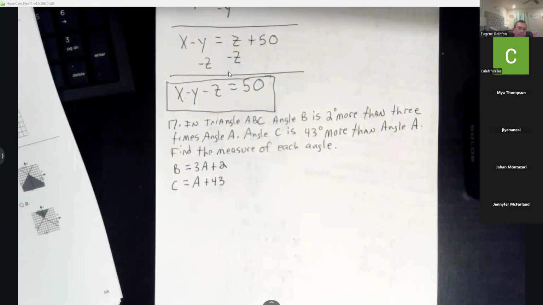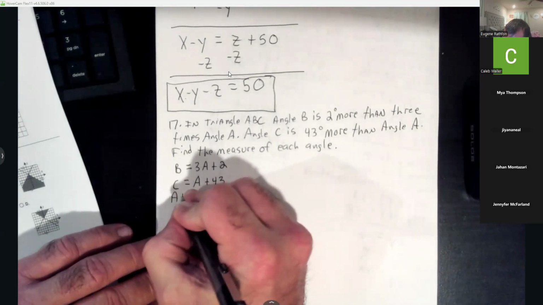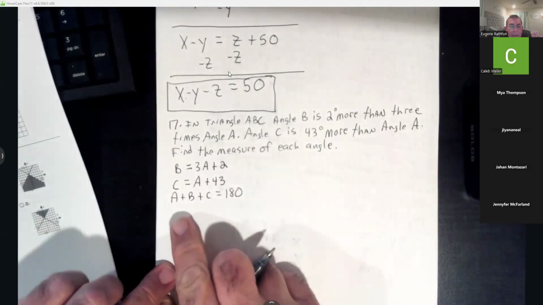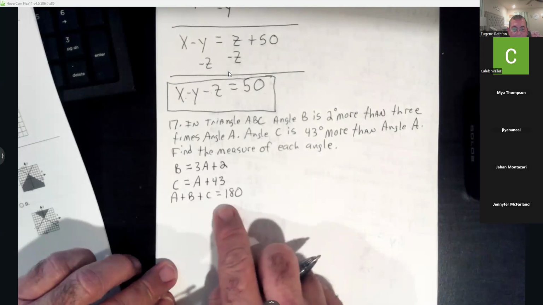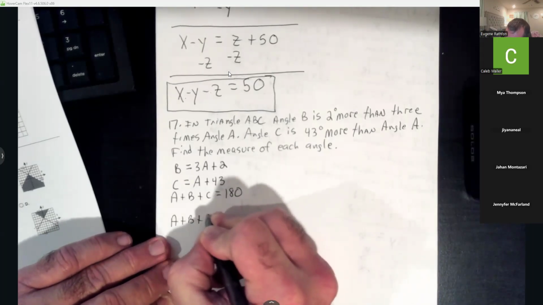All right, so A plus B plus C equals 180. All right, so I'm going to let that be my first equation because it's got everything on the right side. So I'm going to make a little system here to start eliminating.